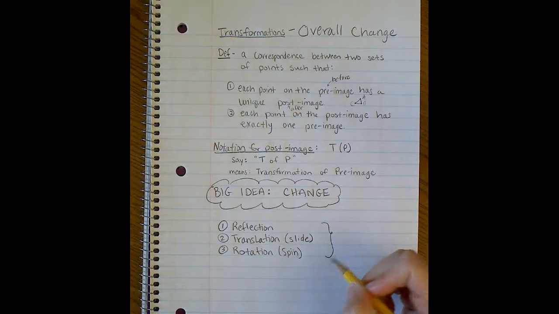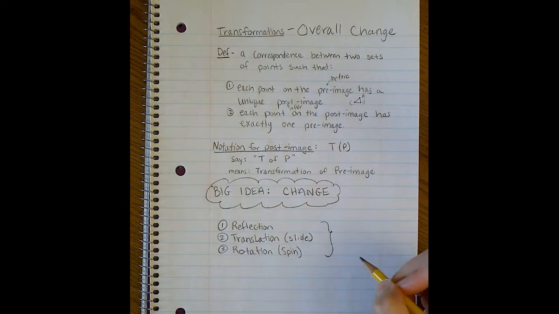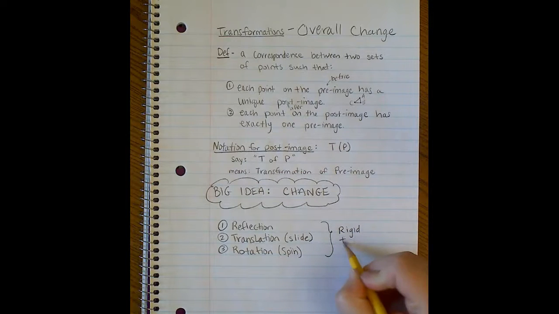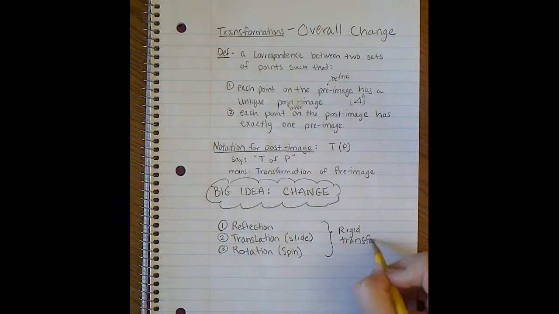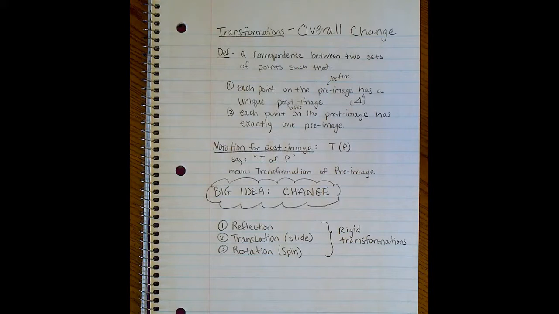All 3 of these transformations that we're going to talk about in this unit are rigid transformations. And that means that the size is not affected. So if I begin changing a shape in this unit, we're not going to change the size.